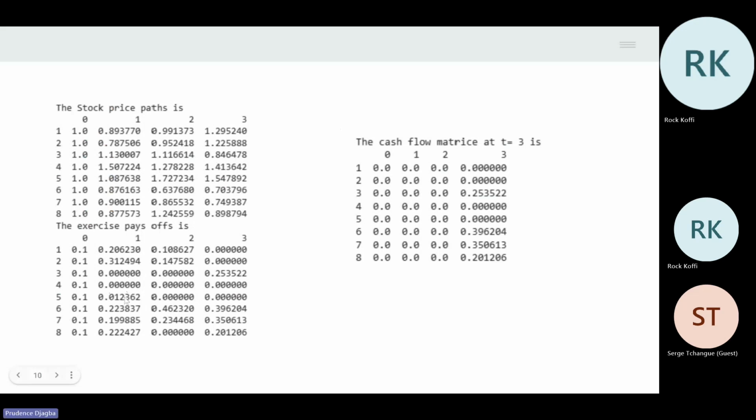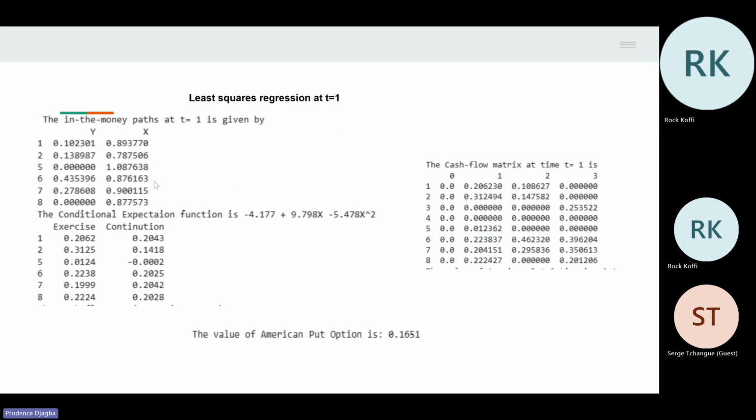So on those parts now, we're going to evaluate the conditional expectation, which is just the expectation of the exercise payoff at time t equal to 2, conditioned on the stock price at time t equal to 1. And that is what we get there.